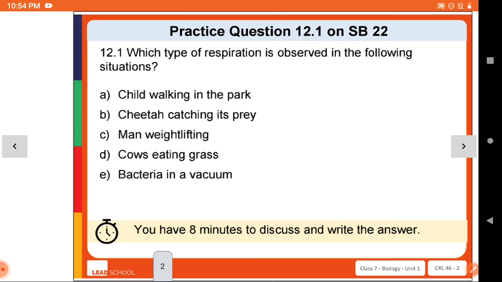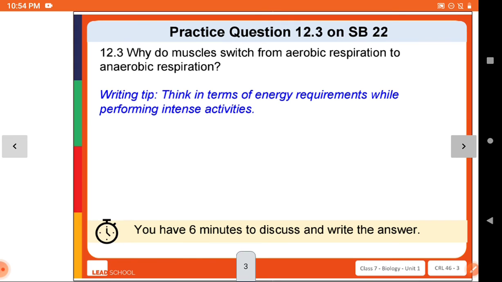The second one is, why do muscles switch from aerobic respiration to anaerobic respiration? That is the second question. There are tips on how to arrange your answer.